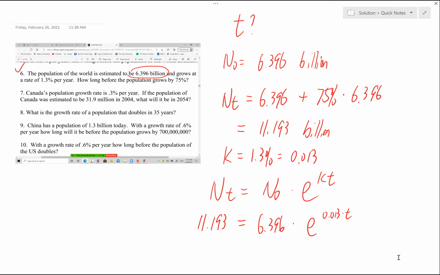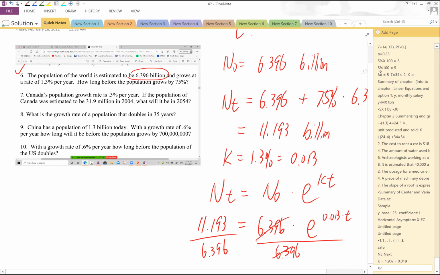So first of all, we're dividing both sides of the equation by 6.396. And then, without a calculation, even without dividing those two numbers, what should be the proper result when we're dividing 11.193 by 6.396? Any idea or any suggestion?